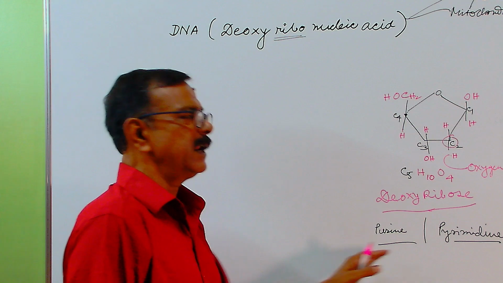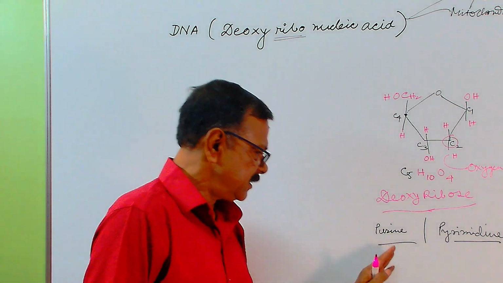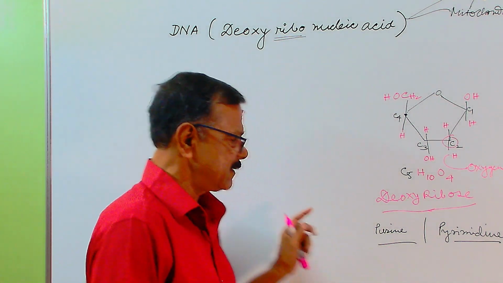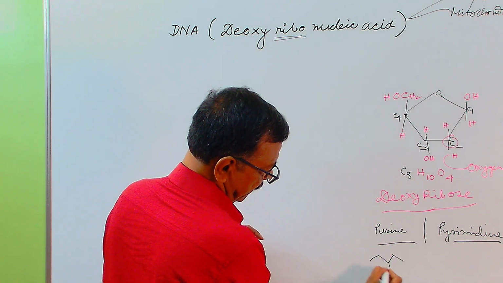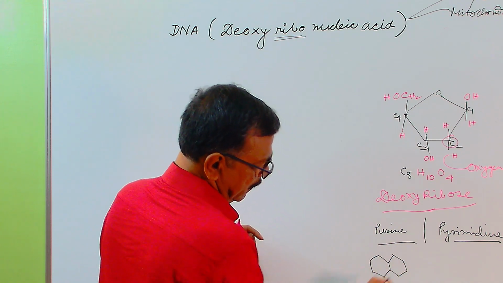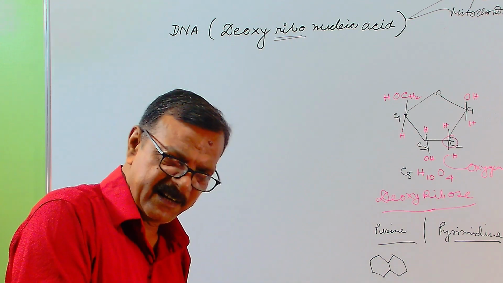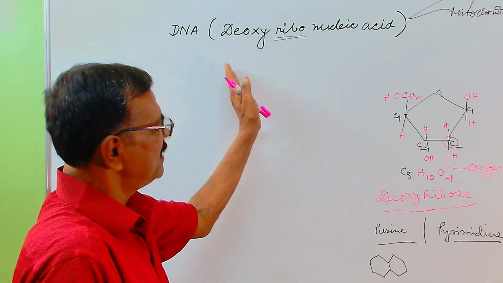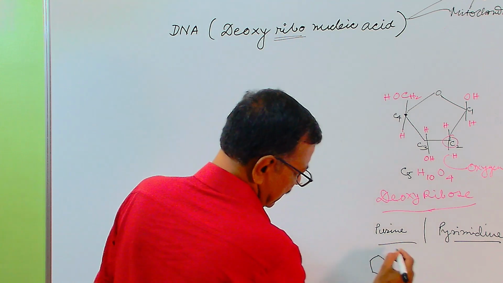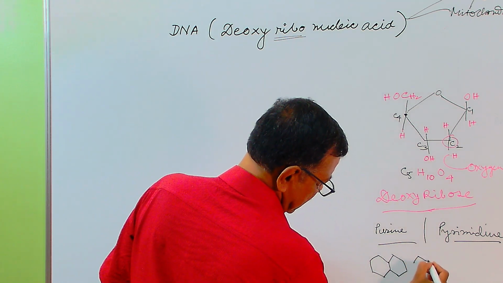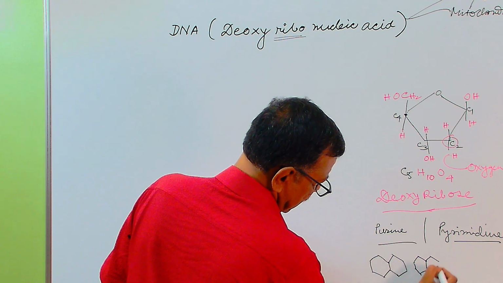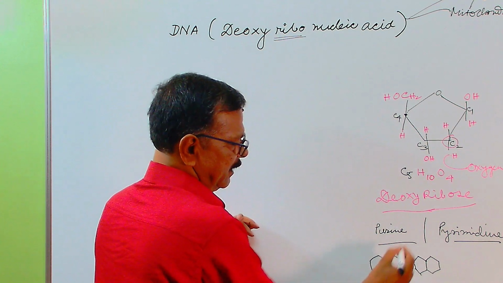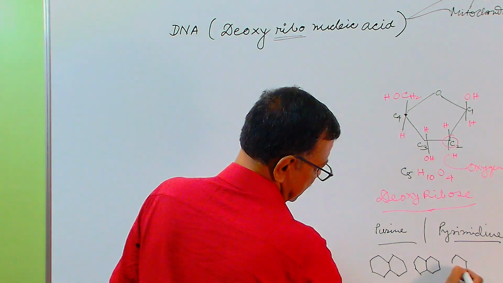This purine nitrogenous base is a double ring structure. No need to go into further details because we are discussing this. Purine has two bases. Both are double ring structure, and pyrimidines are single ring structure.